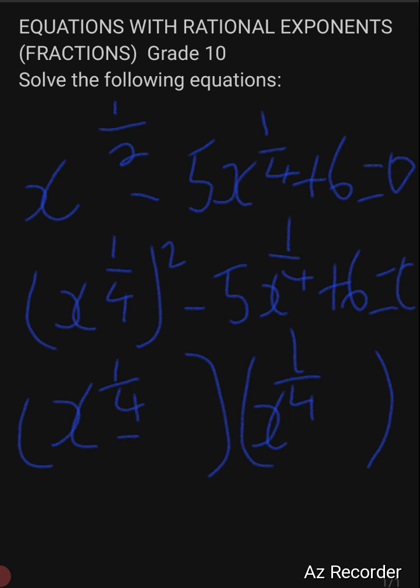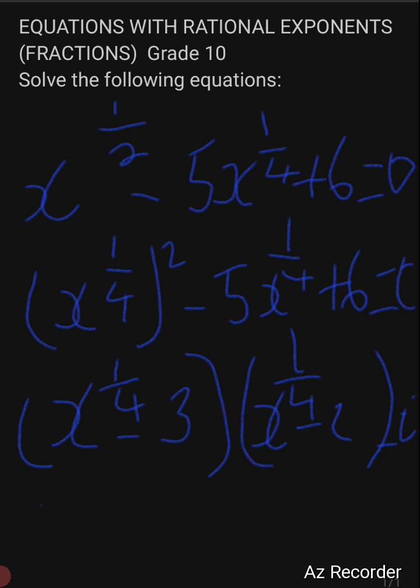The factors of 6 will be 3 as well as 2, equated to 0. From here, we need to solve for x.